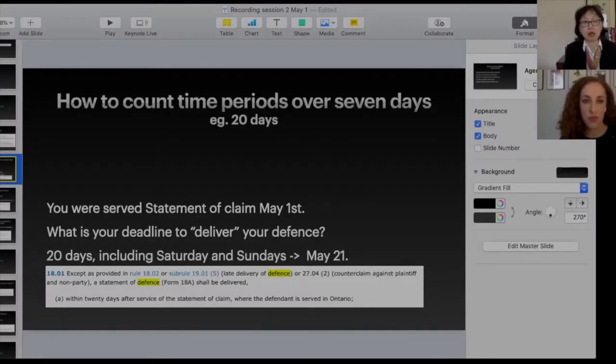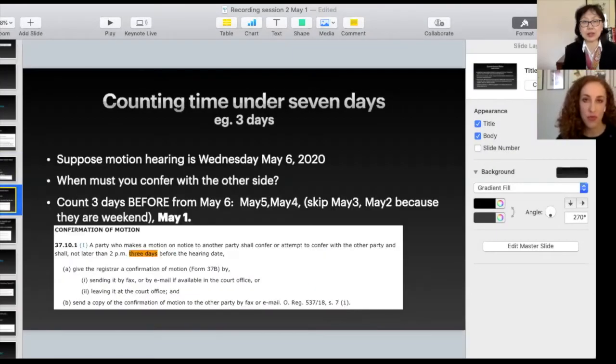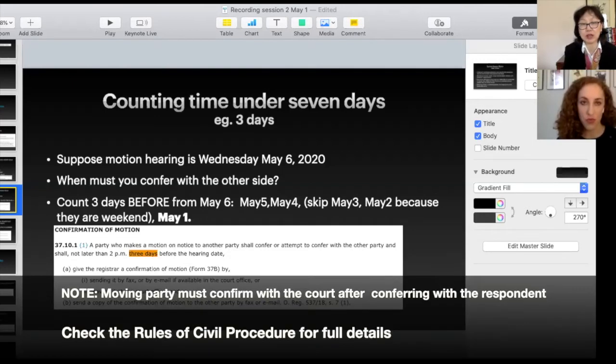I see. All right, now we're going to move on to the second example. So this one is actually a fairly common thing that people encounter. Let's say that there's a motion that you're involved with, and let's say the motion hearing is next Wednesday, which is May 6th. And there's a step in the rules that says that you have to confer with the other side so that you can confirm that the motion is going to go ahead.